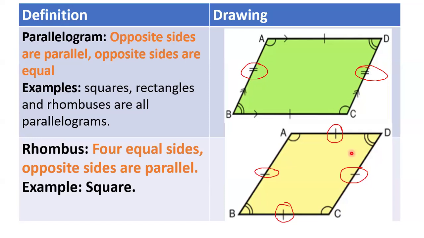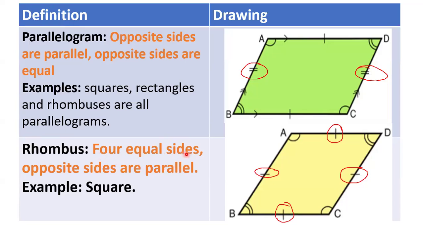So what must you be in order for you to be a rhombus? Let's think about it. You must have 4 equal sides. A square has 4 equal sides. Yes, sir. And what else do you need? Opposite sides need to be what? Parallel. That's the only thing you need.